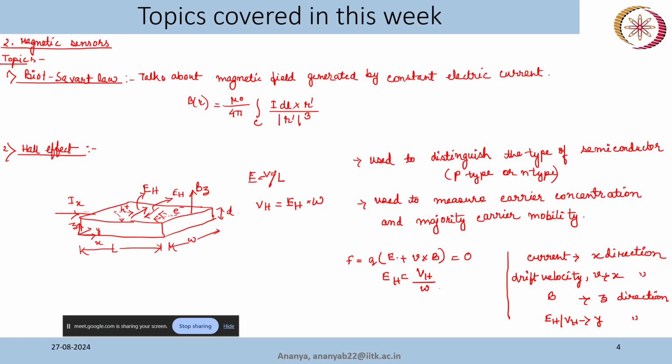Now you can equate this equation and then use different terms, and finally one term that is useful for us in Hall effect is the Hall coefficient, that we can measure in an experimental setup for Hall measurement. So what is Hall coefficient? That is what is useful for us. I will not go through the Hall derivation.